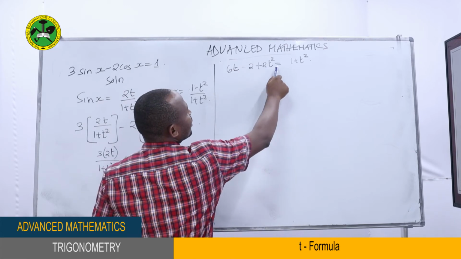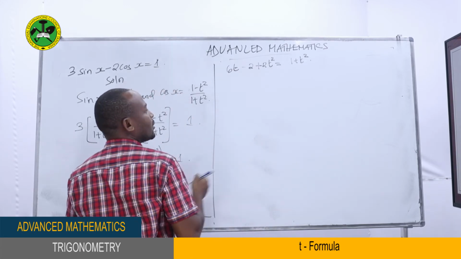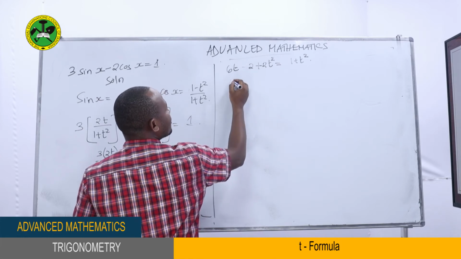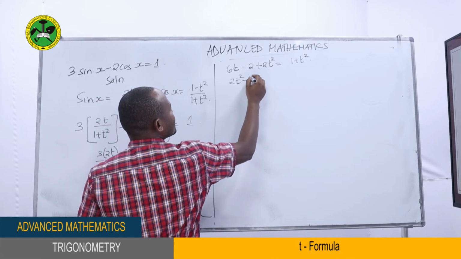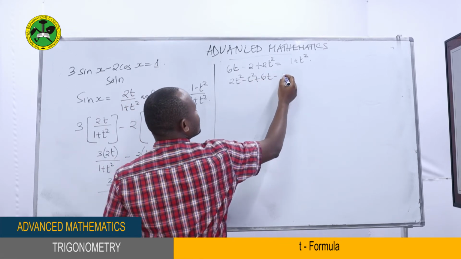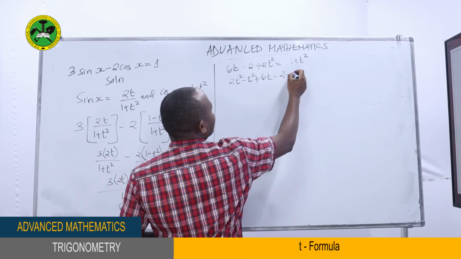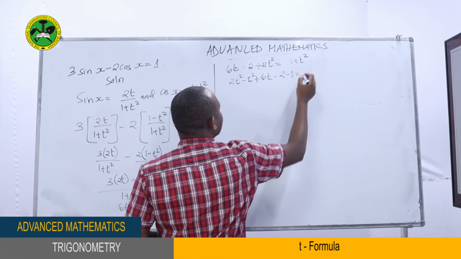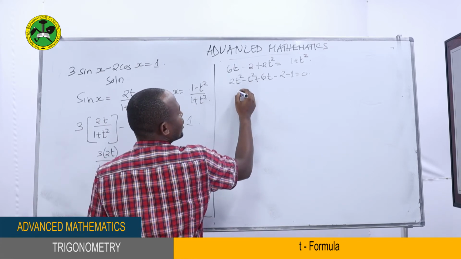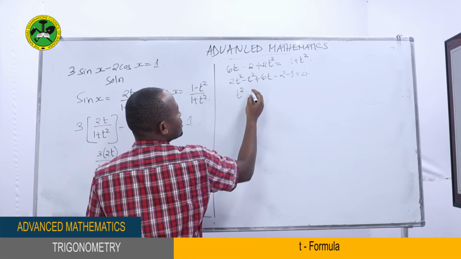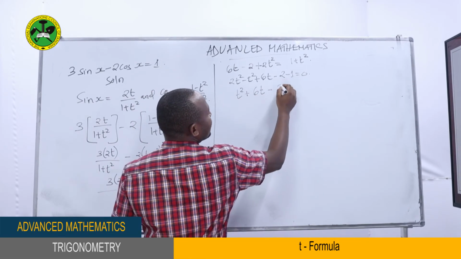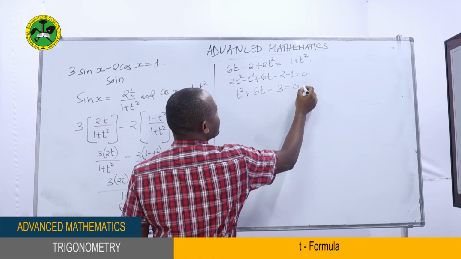Bringing this to this side, you are going to have 2t square minus t square plus 6t minus 2 minus 1 equals 0. That is to say, 2 minus 1 is t square plus 6t, then there we have a negative 3.